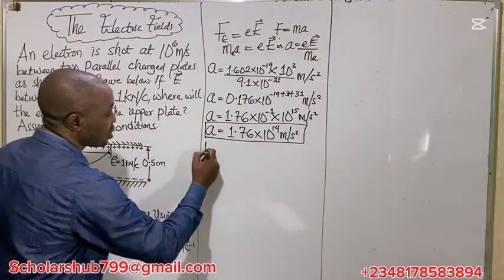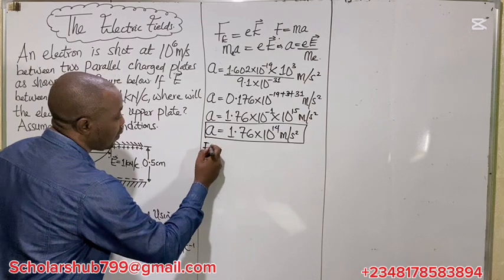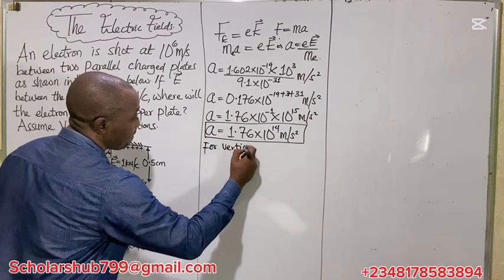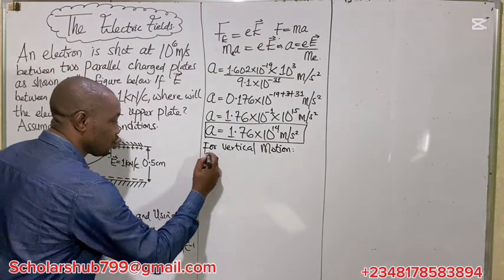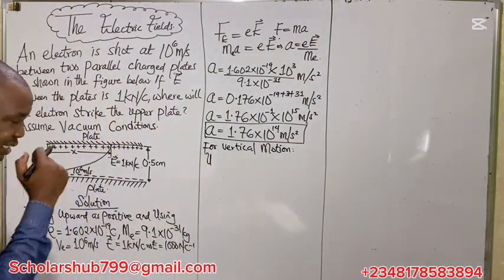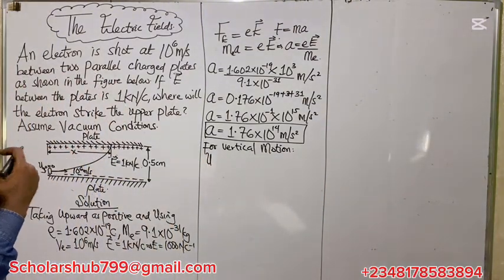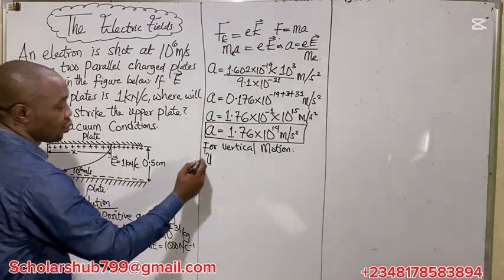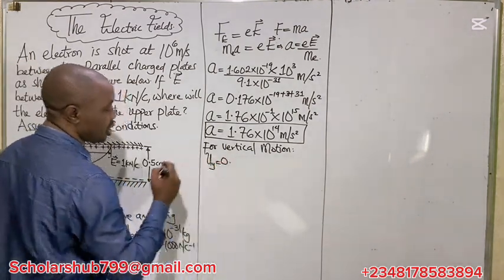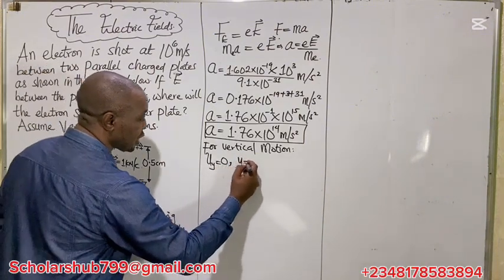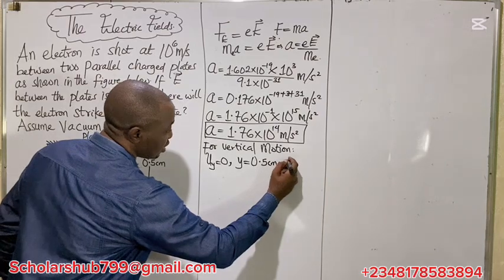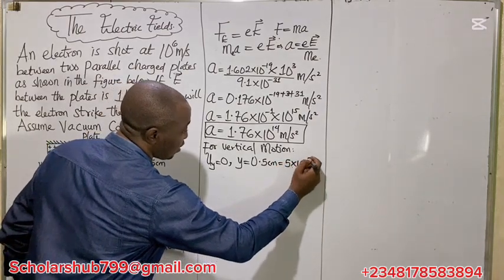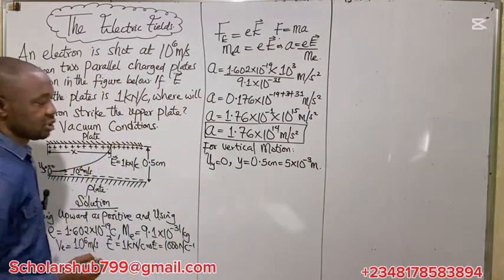So in this case, for vertical motion, first, we must know that the initial vertical component of velocity will be equal to 0. So we have the vertical distance to be 0.5 centimeters, and that will be 5 times 10 raised to the power of negative 3 meters.